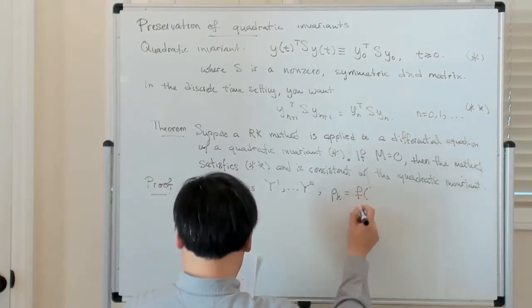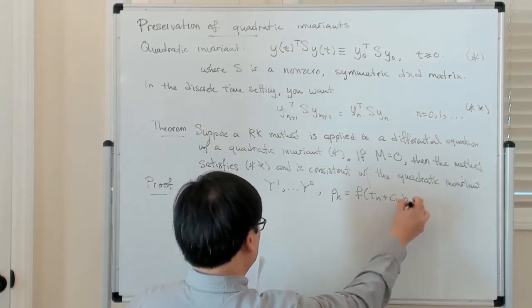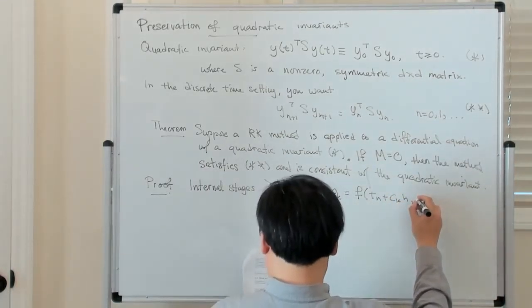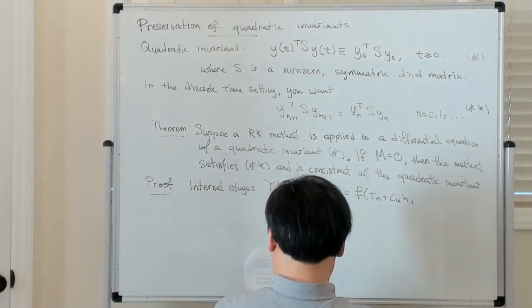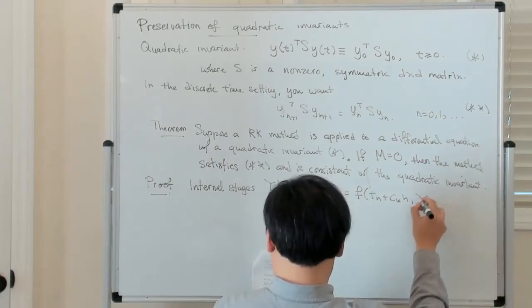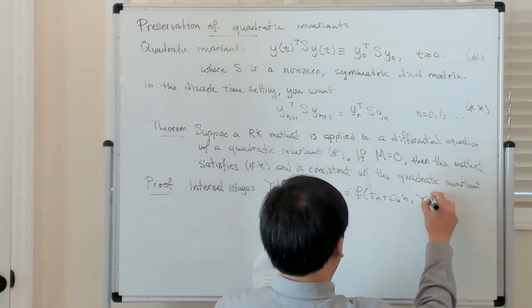So this is f at t_n plus c_k h, and y_k.